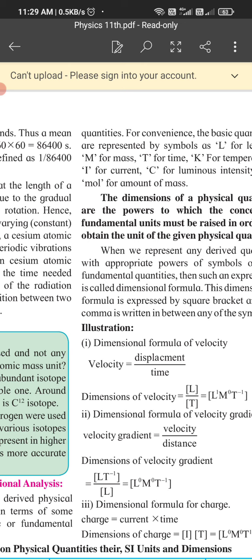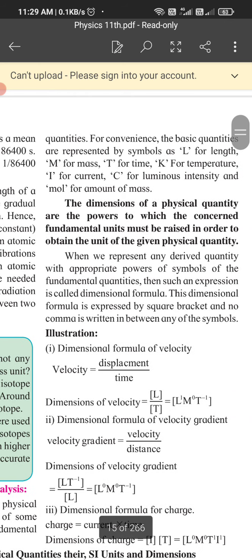Dimensions are represented by the symbols L for length, M for mass, T for time, K for temperature, I for current, and C for luminous intensity. The dimensions of a physical quantity are the powers to which the concerned fundamental units must be raised in order to obtain the units of the given physical quantity. So velocity is equal to displacement upon time. Dimension of velocity is L upon T, that is L^1 M^0 T^-1.